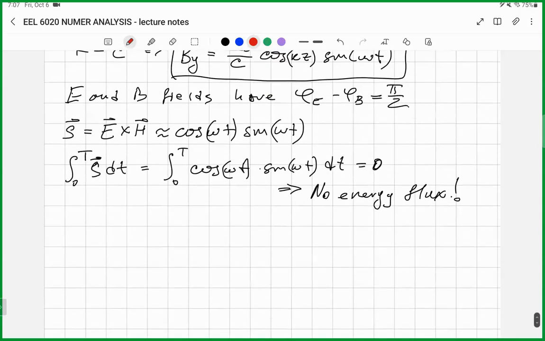And as we discussed, no energy flux. The real part of the Poynting vector is zero, and so is its time average. But what about the energy? The flux is zero, but what is the energy?